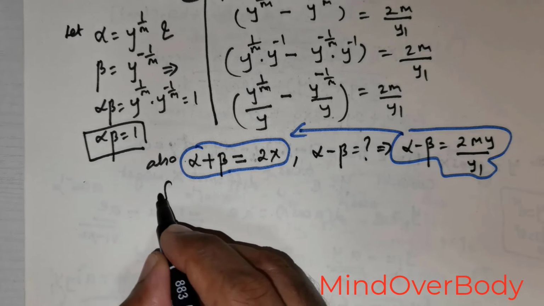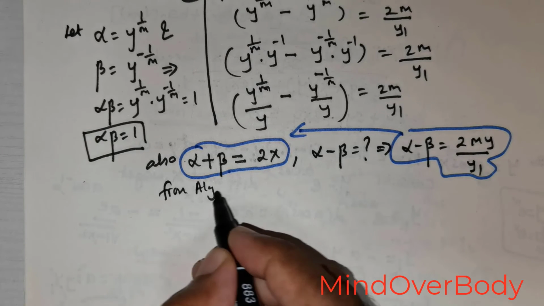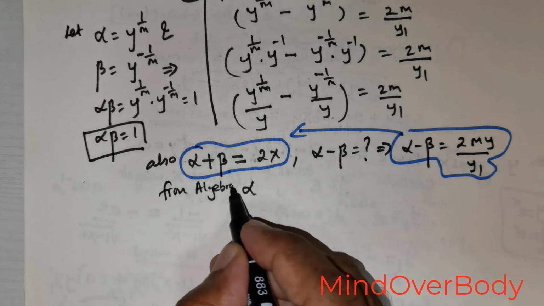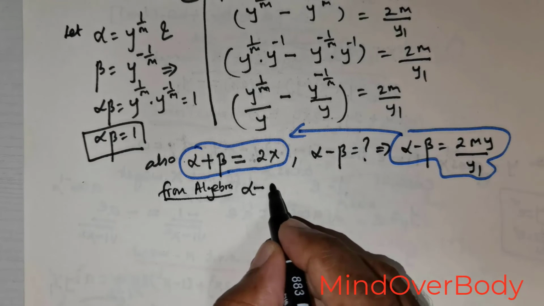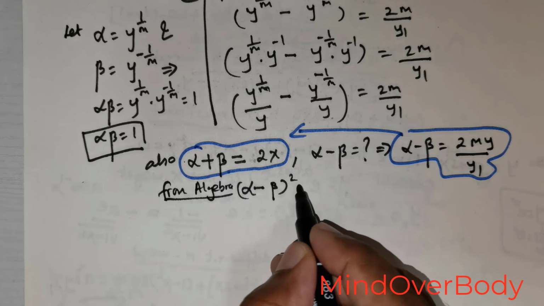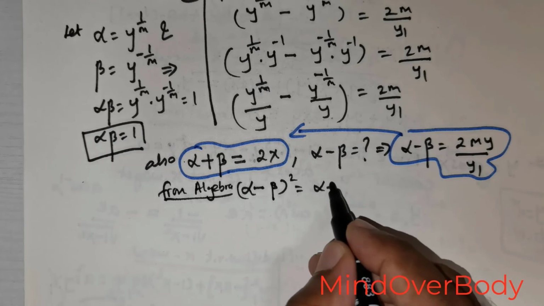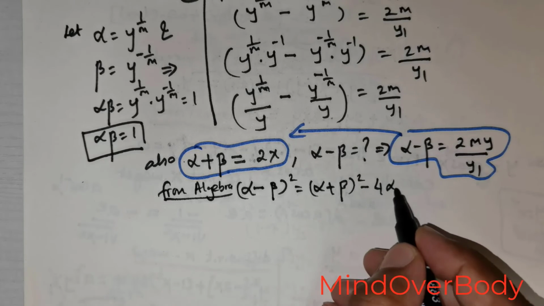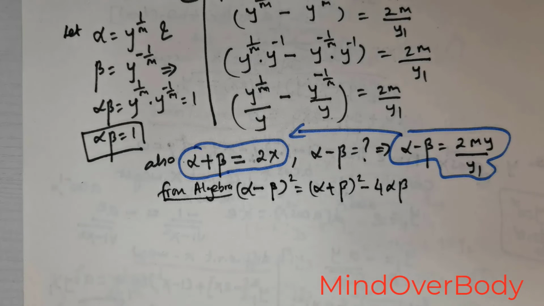Now from algebra I can state that alpha minus beta raised to the power of 2 is equal to alpha plus beta raised to the power of 2 minus 4 times alpha beta. This is an algebraic identity which I'm using here.